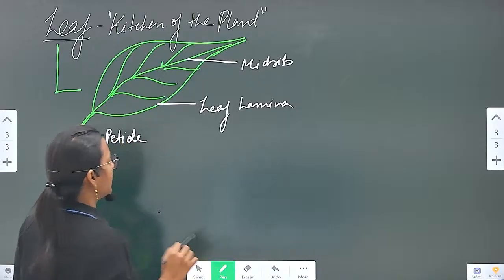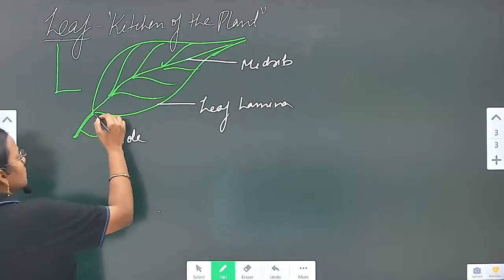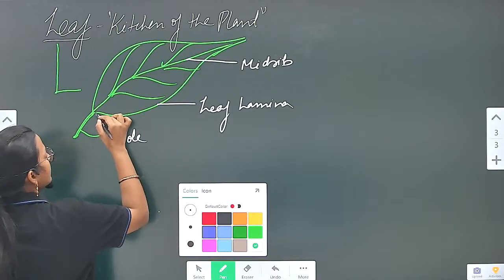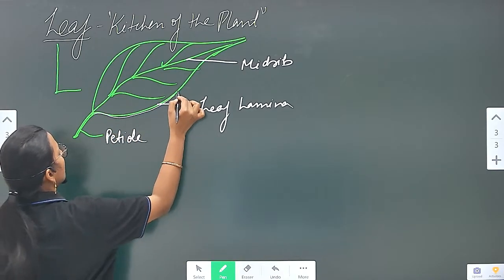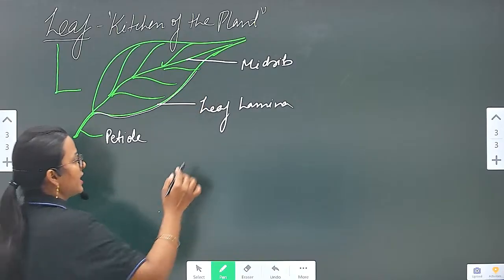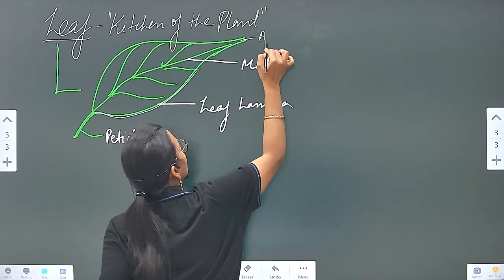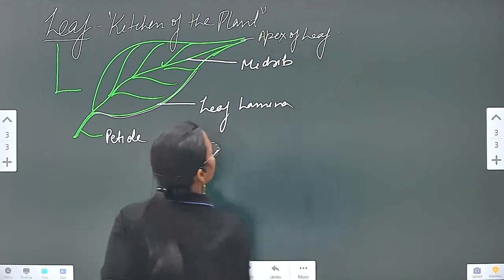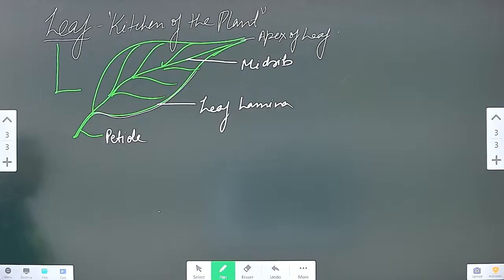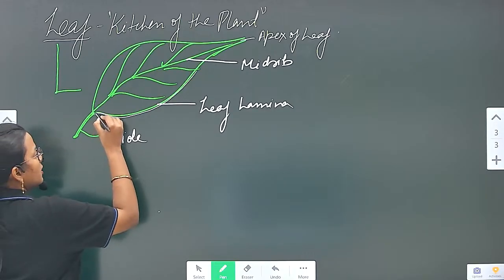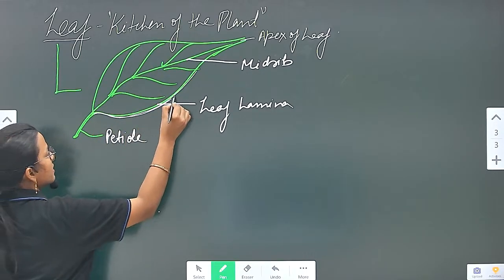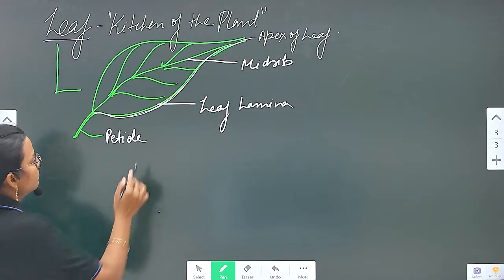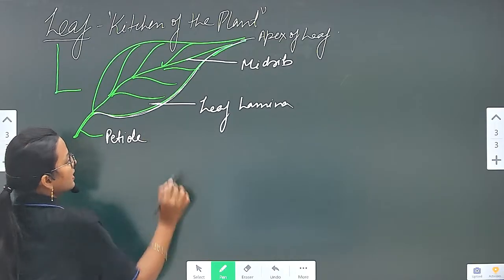Okay, in the leaf lamina we can see this part. Which part? This part is simply called what? The margin of the leaf, whereas this is called the apex of the leaf. I am not labeling the margin, but you should understand that it is the margin of the leaf. This entire part is your leaf lamina.